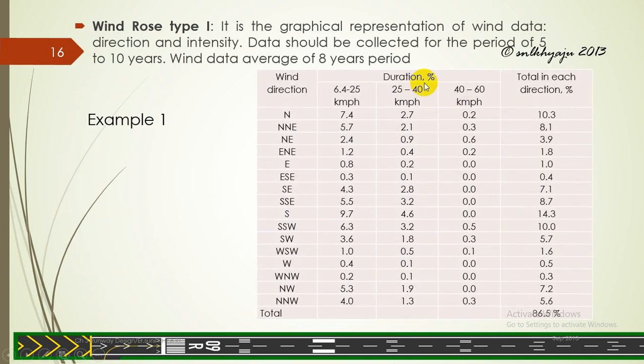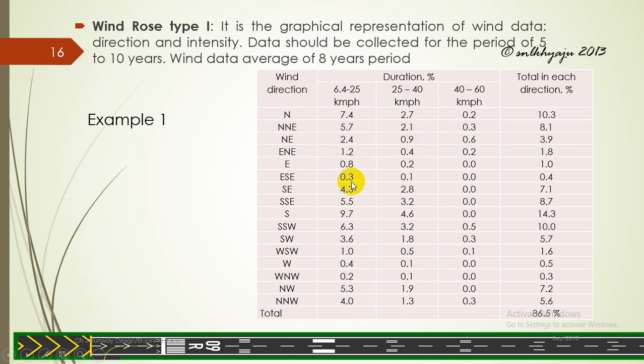In this example, the percentage of different intensities of wind is categorized into three classes, that is 6.4 to 25 kilometers per hour, 25 to 40 kilometers per hour, and 40 to 60 kilometers per hour, and in 16 directions the individual percentage of intensity of wind is given in the table below.